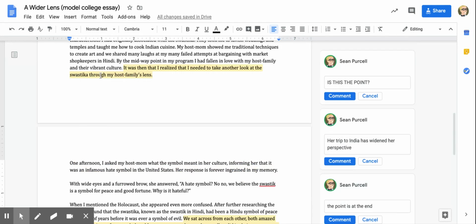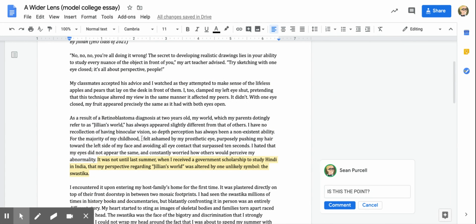And the first time that she mentions this conflict, I just want to point out, would be up here. I highlighted it before: "For the majority of my childhood, I felt ashamed by my prosthetic eye."